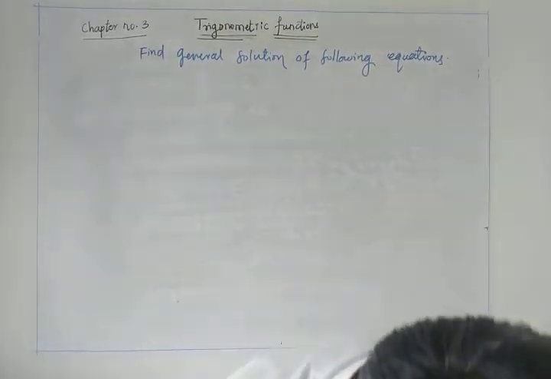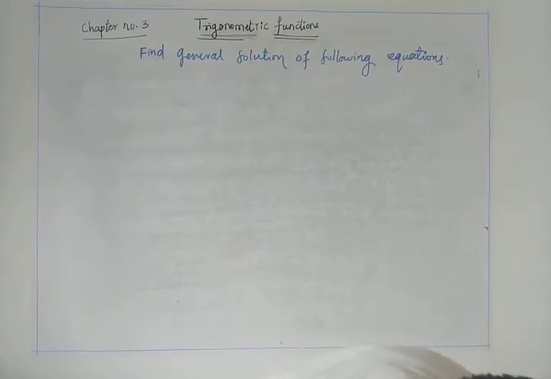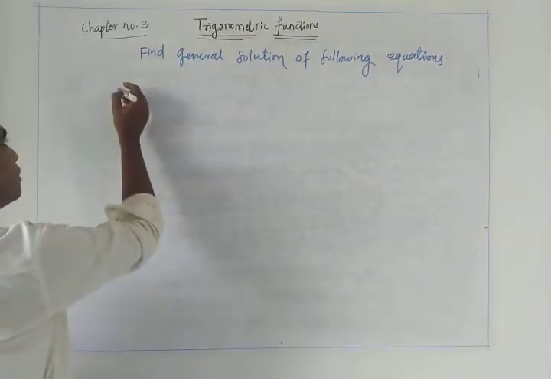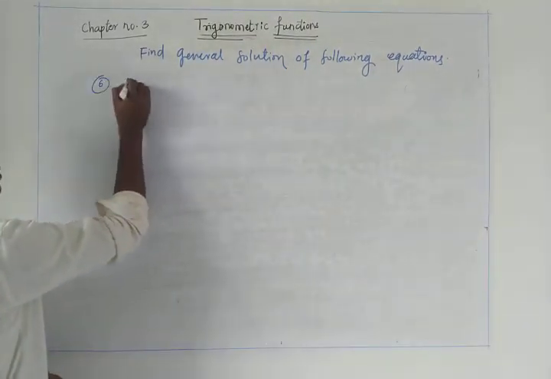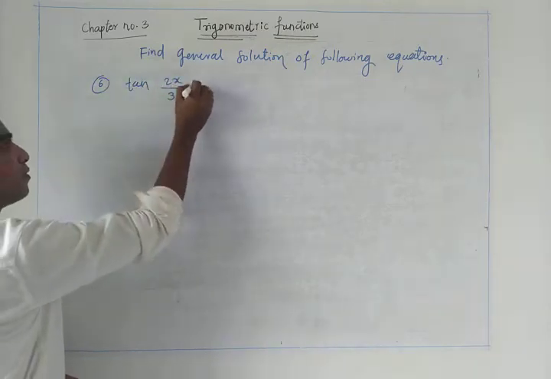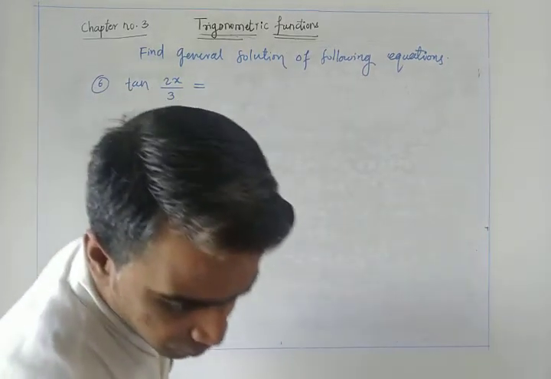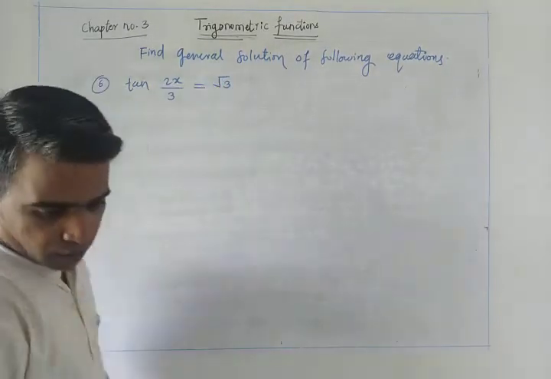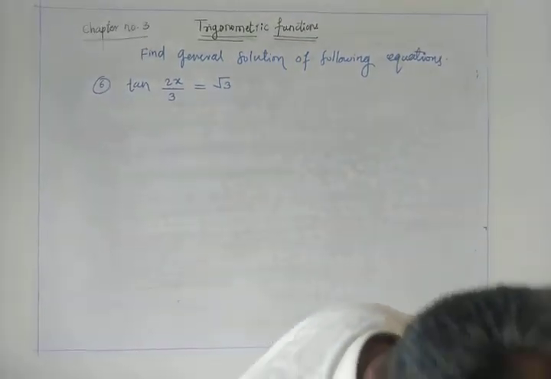The next question is tan of 2x upon 3 is equal to root 3. So now tan 2x upon 3 is equal to root 3.